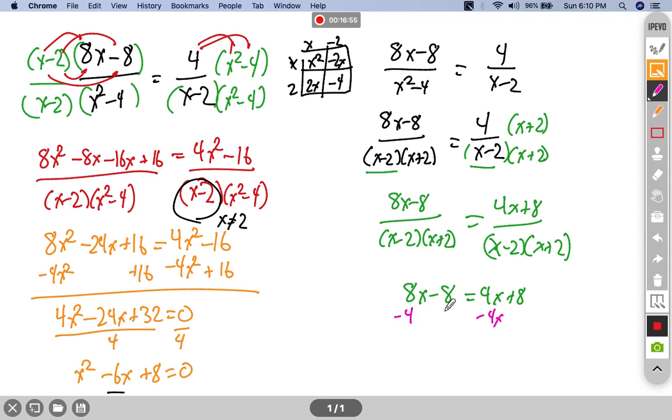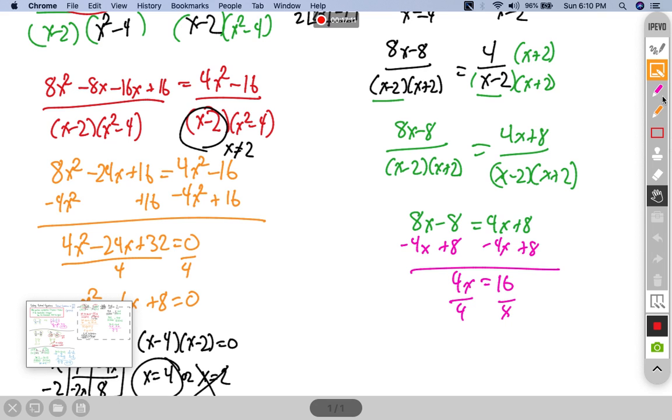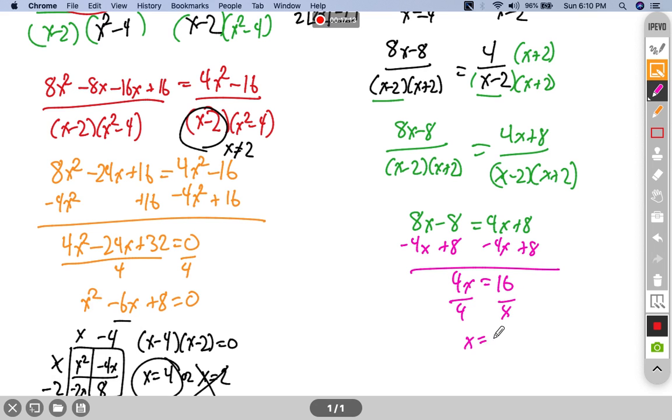So let's move this over to that side. Add 8 to both sides. So here I'm going to get 4x, here I'm going to get equals 16. And I come down and I get my x equals 4, which is the same answer as I got over here.